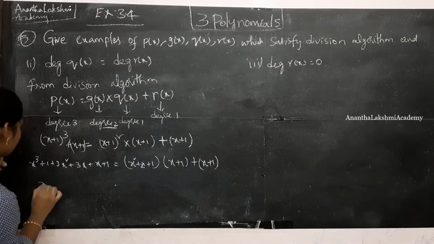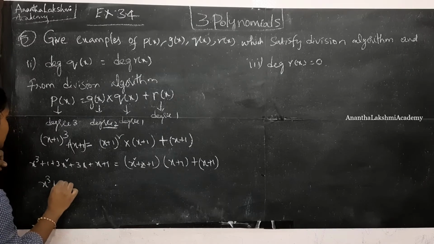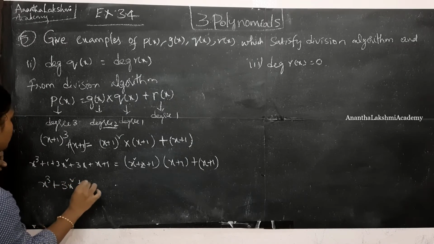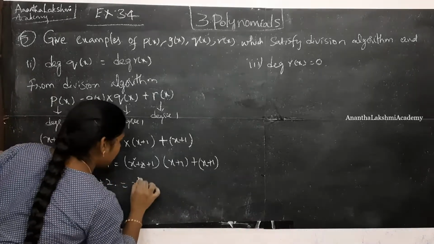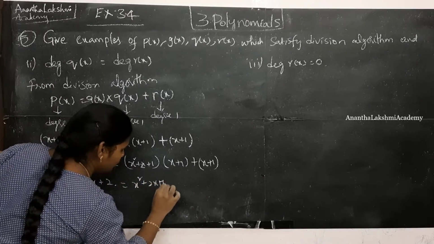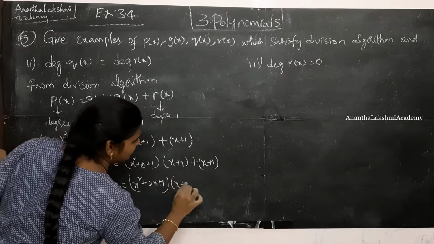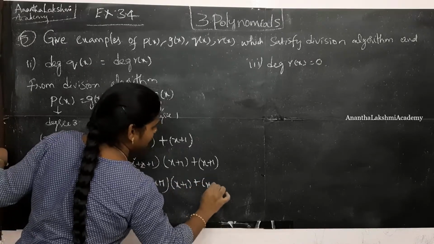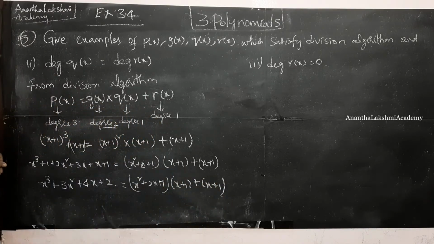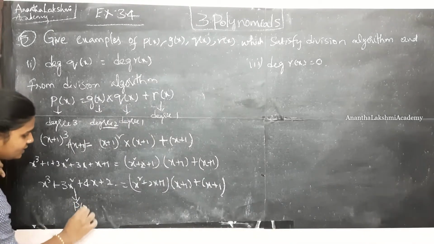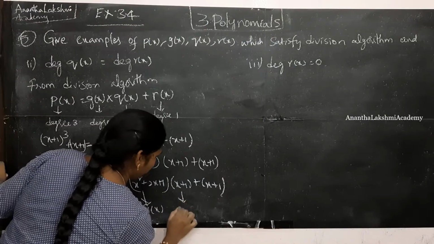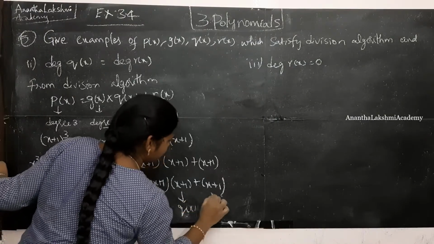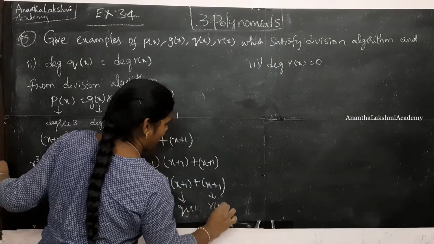Now this becomes x cube plus 3x square plus 4x plus 2. And this is x square plus 2x plus 1, g of x. Q of x is x plus 1. Alright. What is this? This is p of x. What is this? G of x. What is this? Q of x. And this is r of x.